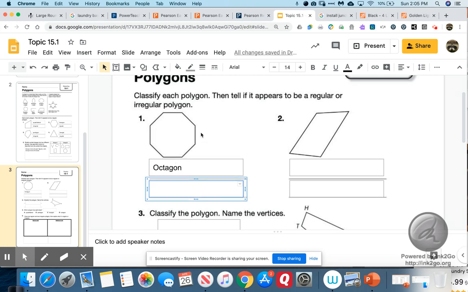Well, they all look the same size, and the angles look the same, so that is regular. This one here, how many sides? 1, 2, 3, 4. I know a 4-sided figure is a quadrilateral. And is this regular? Well, not all the sides are the same length, so this is irregular.